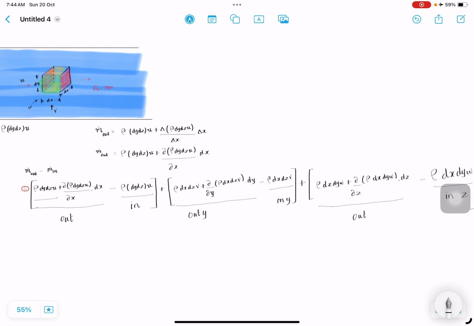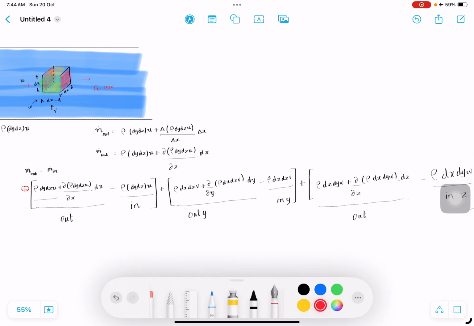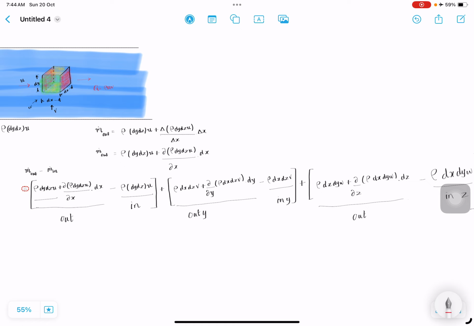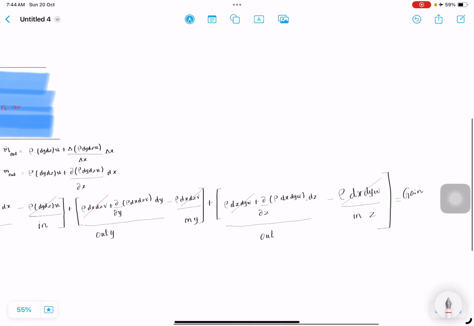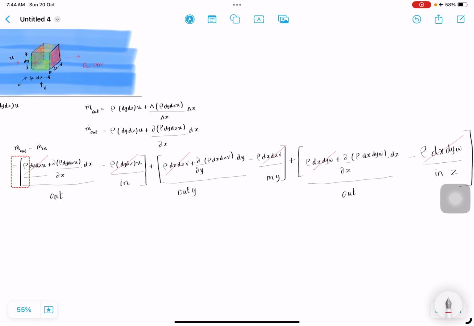Now we can simplify this equation further. What we can do is cancel these two terms, and these two terms, and also these two terms. I can now write the simplified equation here.